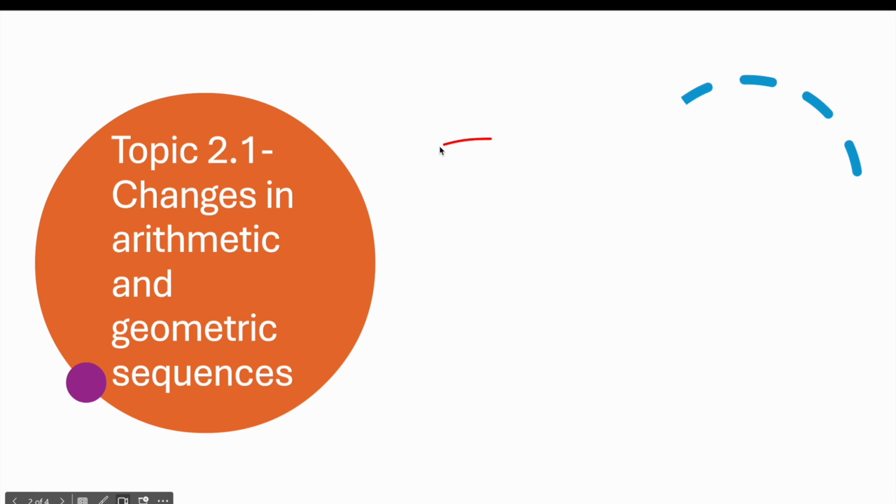Continuing on. Oh yeah, I forgot about the recursive sequence. So a recursive formula for a geometric sequence is going to be, as you might have already guessed, a_n equals a_(n-1) times r.